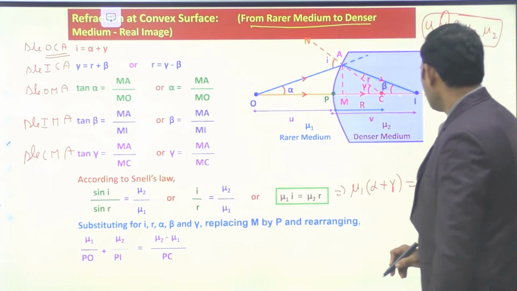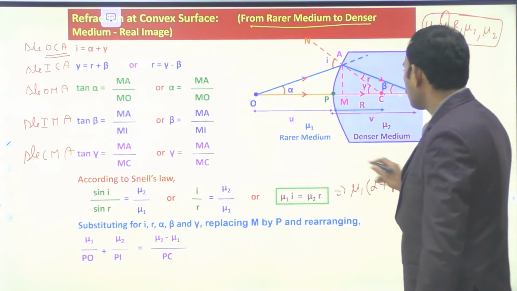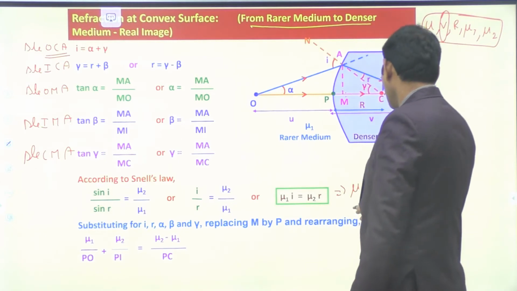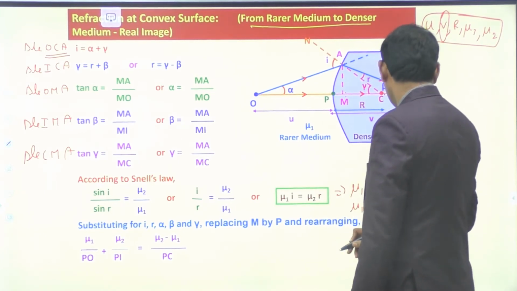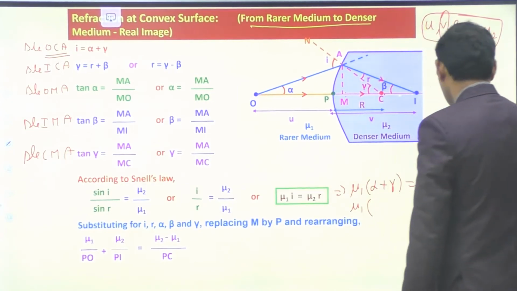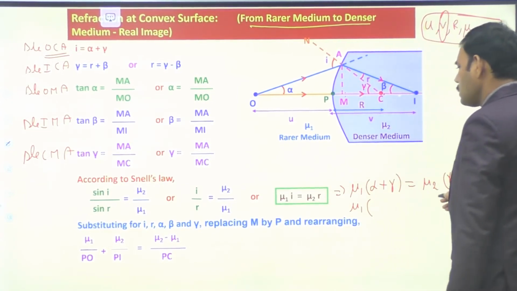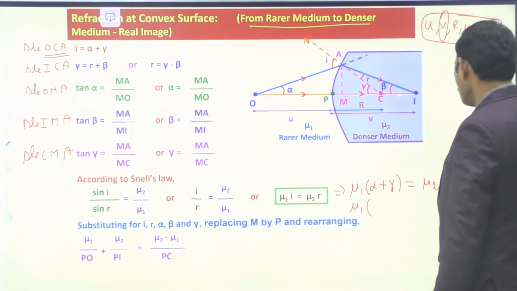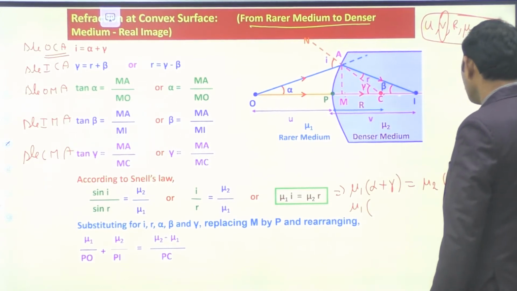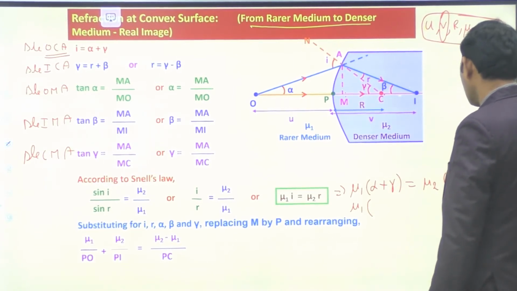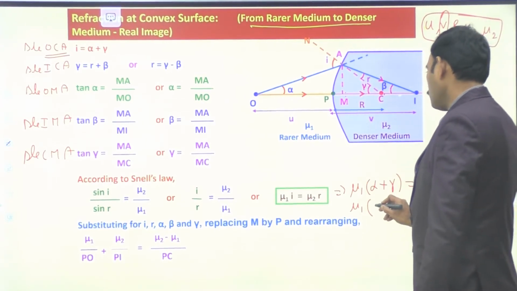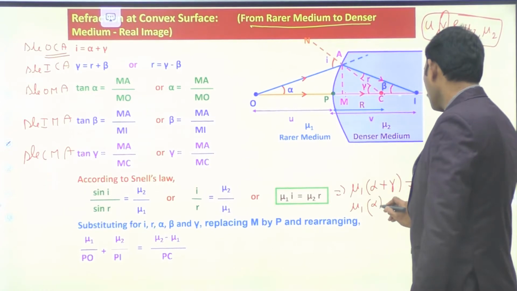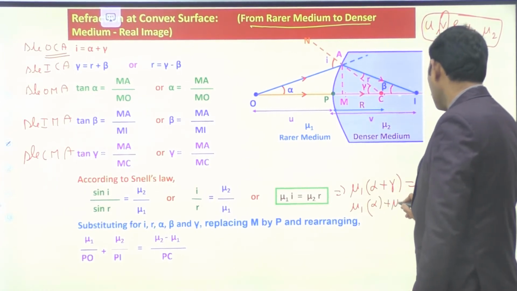And we have each value of alpha, beta and gamma here. Therefore mu1 into alpha plus gamma, then shift the mu2 value, mu2 minus mu2 beta, to the RHS, so that we find mu1 alpha plus mu2 beta.